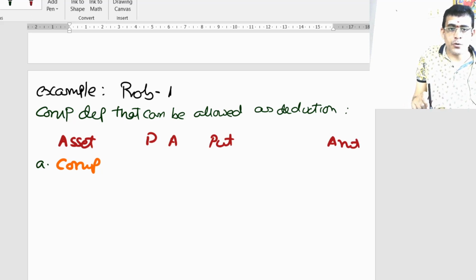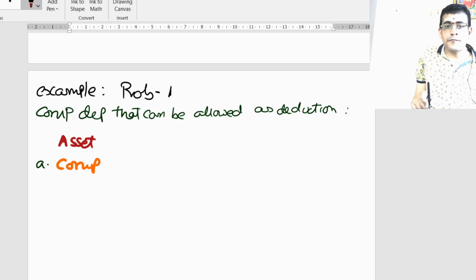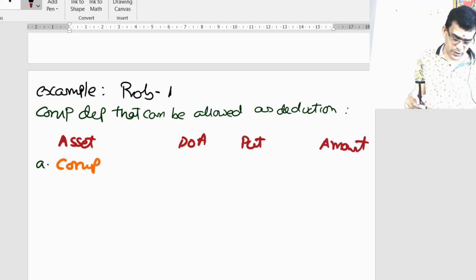Let me arrange it properly. So date of acquisition, put to use, and finally the actual cost of acquisition of the asset, amount in rupees. So those are the headings.